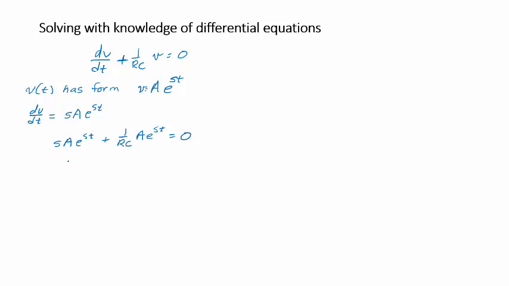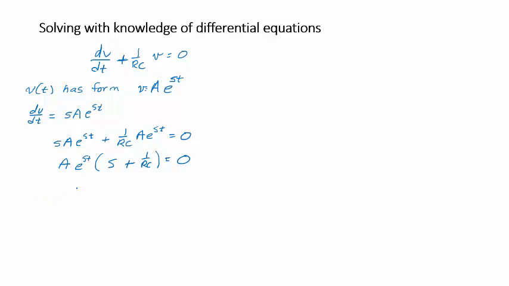And so factoring out, it's a linear combination of the derivative of the function and the original function, so I'm going to factor this out. A e to the st times s plus 1 over rc equals 0, from which we get that you have two terms here, either this equals 0 or this term equals 0, correct?